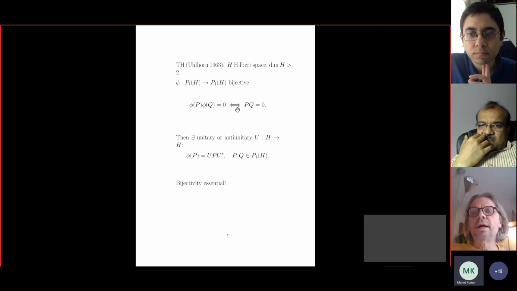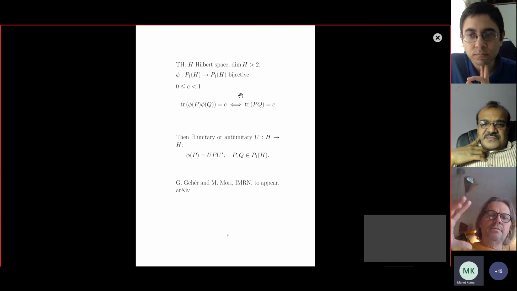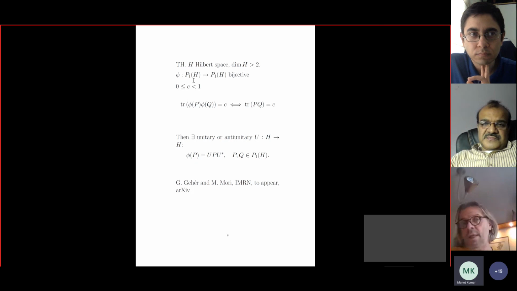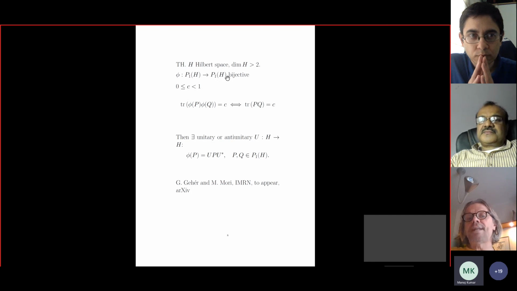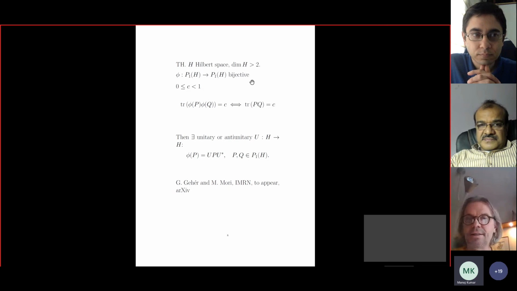What you do: simply write H as a direct sum of two copies of H. The map from P1H into P1H can be considered as a map from P1H into P1H plus H. On the first summand, you just take the standard map and you play crazy games in the second copy of H. This is how you construct counterexamples.